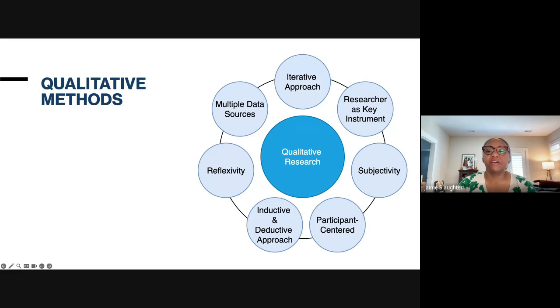Qualitative methods are very flexible in their nature. They enable researchers to adapt the methods and questions as new insights emerge during the study. And so qualitative research is often seen as being very responsive and dynamic, which is one of the reasons why it is great to use when you're trying to center marginalized populations.